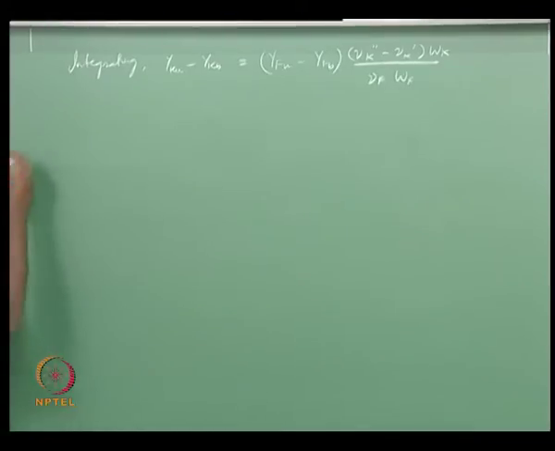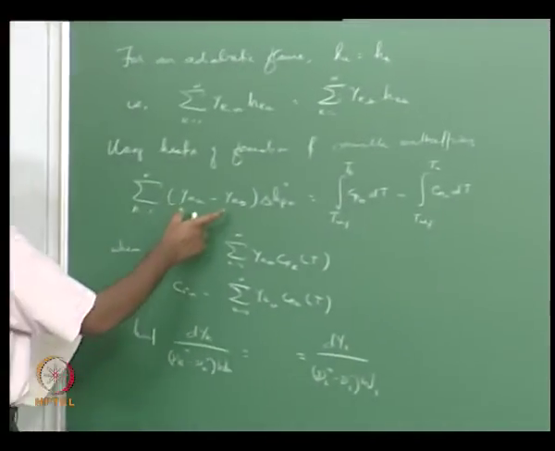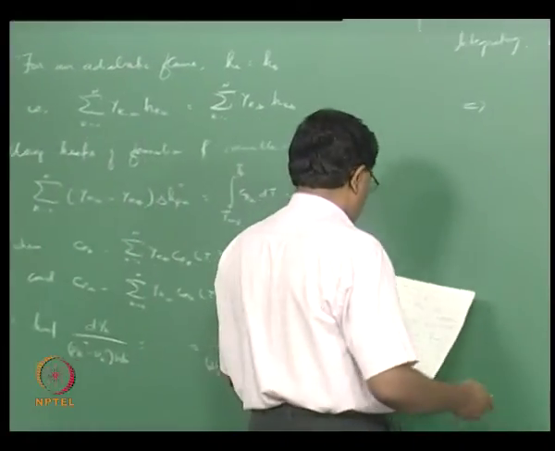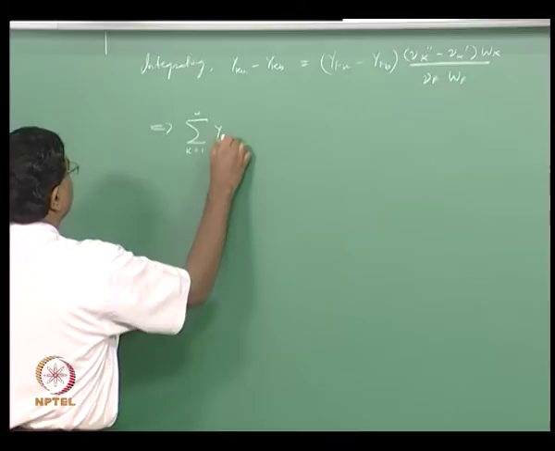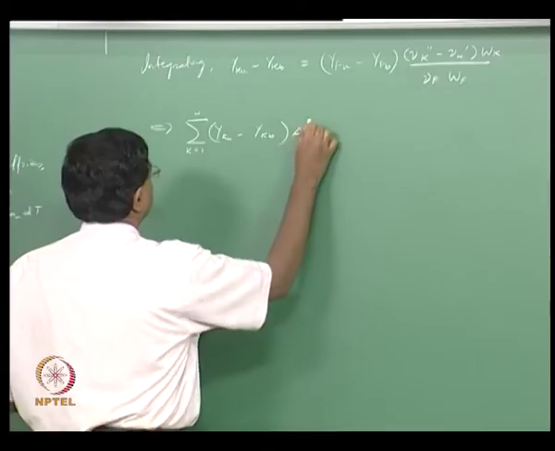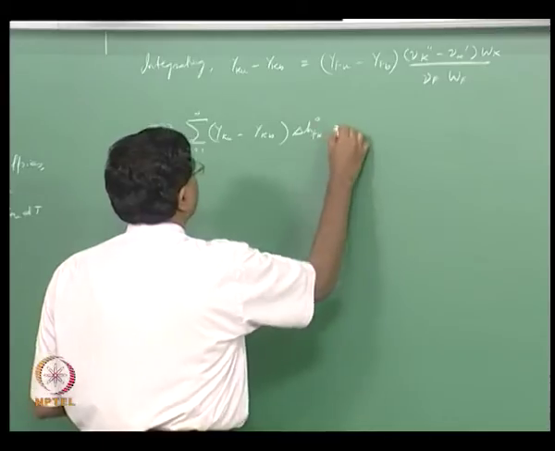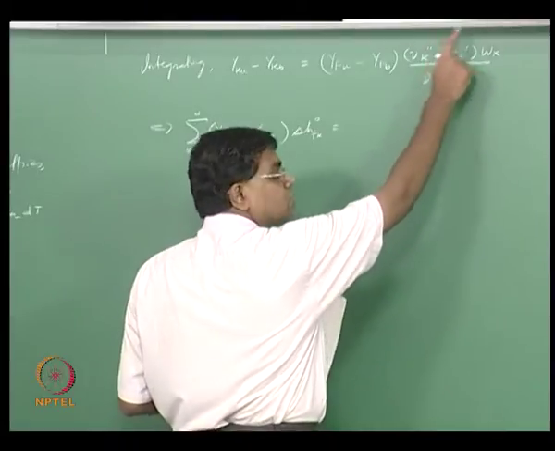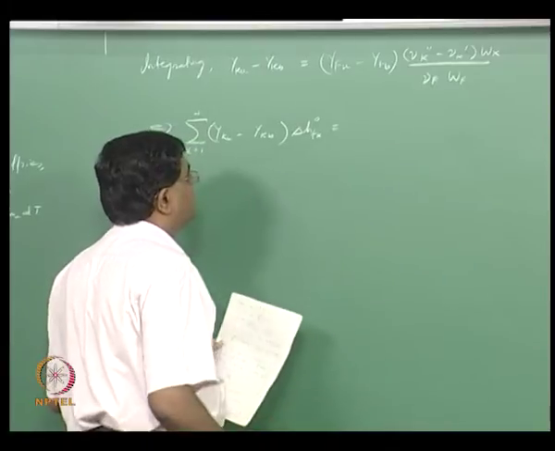So from here, if you know this difference now for the kth species, multiplying by delta Hk and summing over all k, sigma k equals 1 to n (Yku minus Ykb) times delta Hk naught is equal to, then you see the only thing that's really getting summed over on the right hand side is this part, and all this is independent of k, it's only for the fuel.